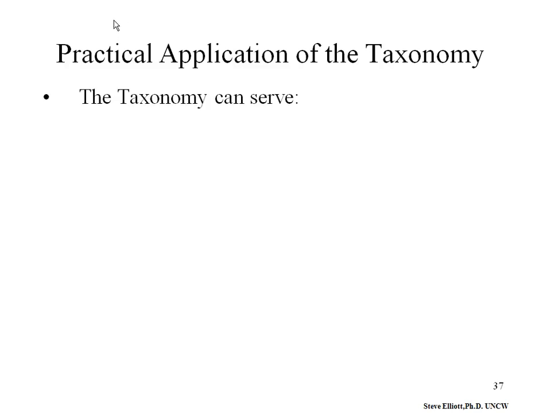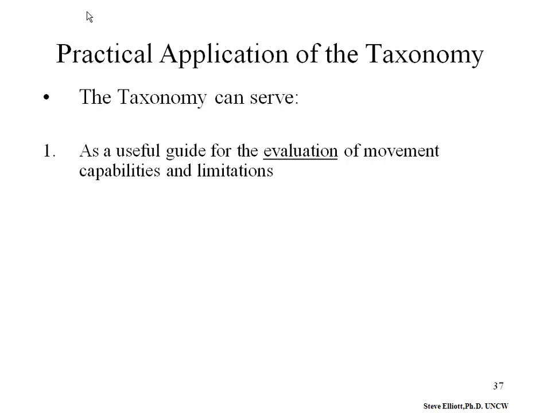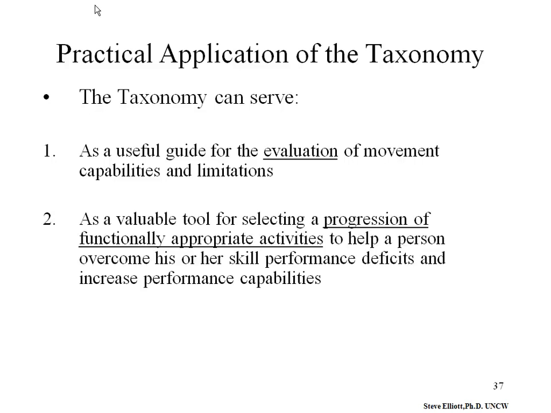So the taxonomy can help us do a few things. First of all, it can provide a useful guide for evaluating movement capabilities and limitations, and we talked about the patient with the balance situation. It can help us develop a progression of functionally appropriate activities to help someone learn a skill.